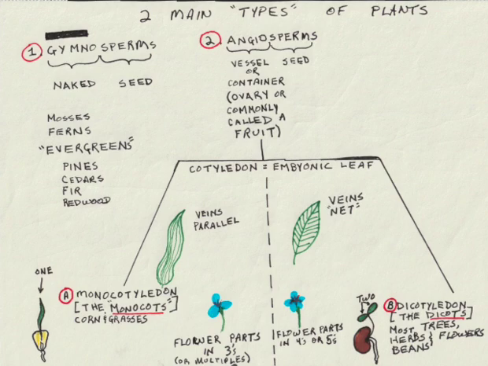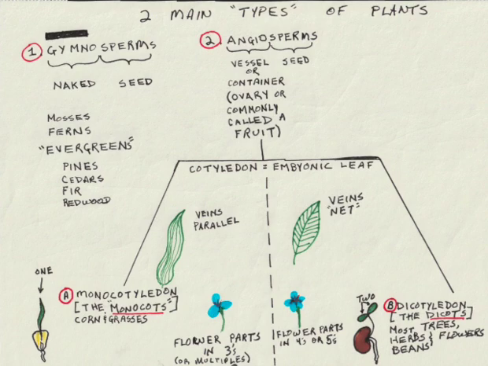Its first leaves will be in two. Most of the trees, most herbs, most larger plants are dicots. By the way, also, the monocot flowers are in threes or multiples of threes, and the dicot flowers are in fours or fives and also multiples of fours or fives.